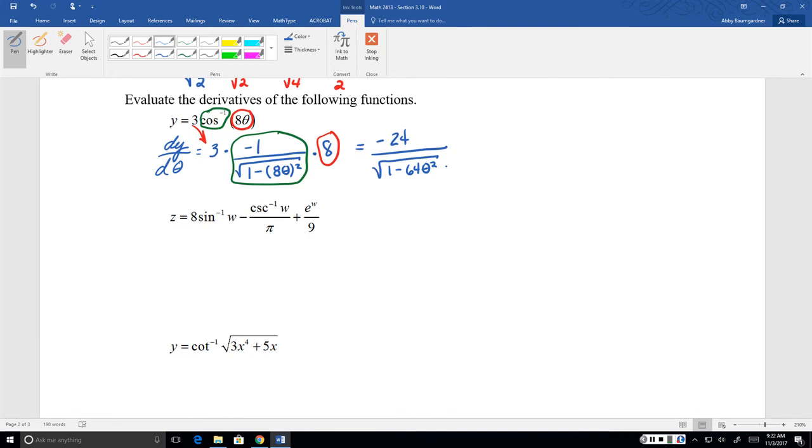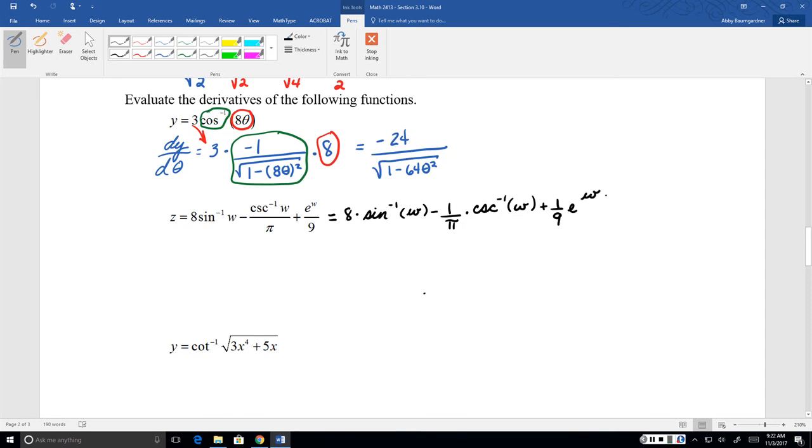And on this next one, I want to point out a few things, simplify it just a little bit before we attempt to do the problem. So first of all, it's z, not y, and it's w's, not x's, so we've got to be mindful of that. Here we have 8 times sine inverse of w minus 1 divided by pi times cosecant inverse of w plus 1/9 e raised to the w.